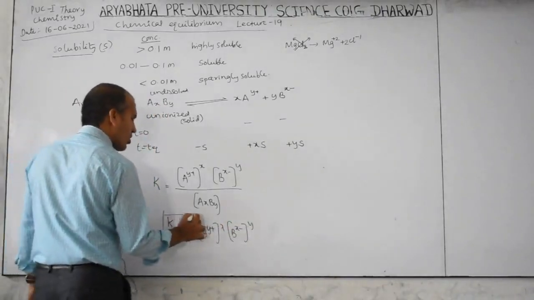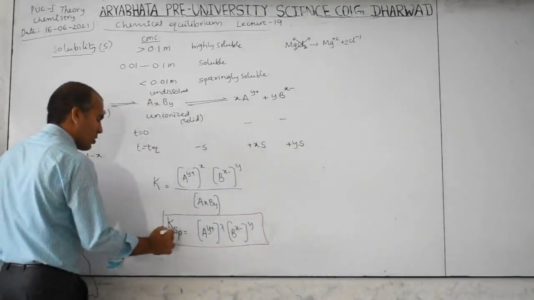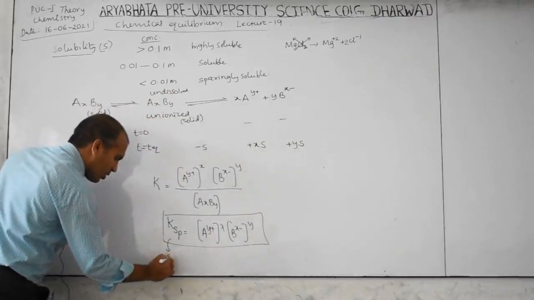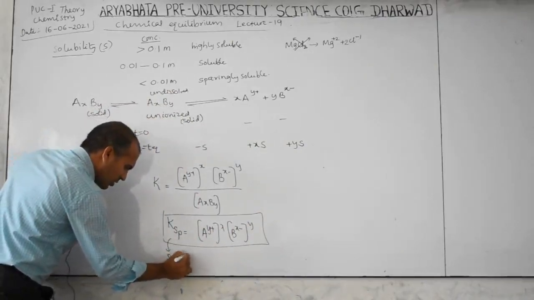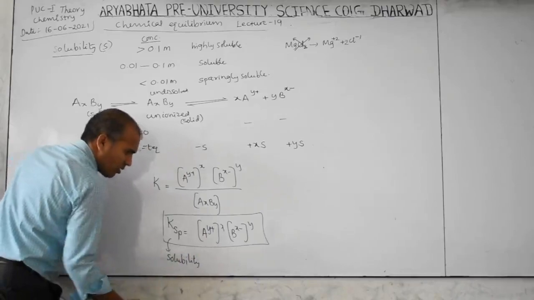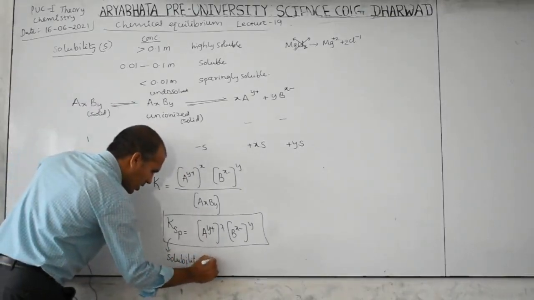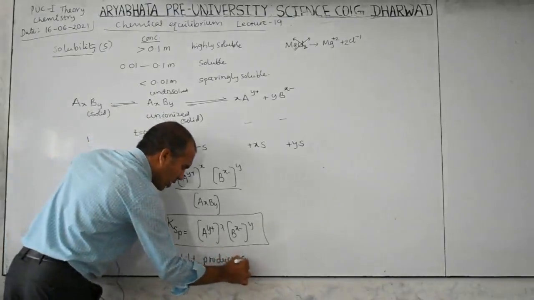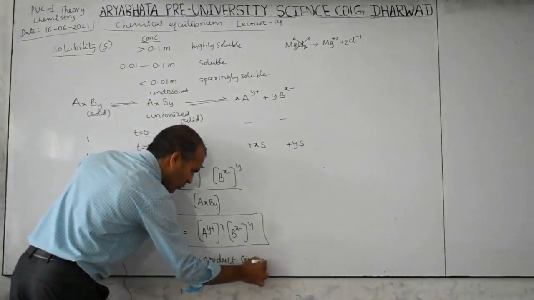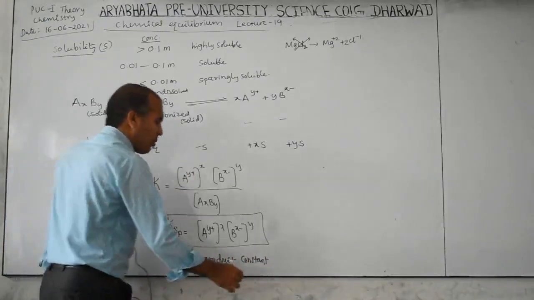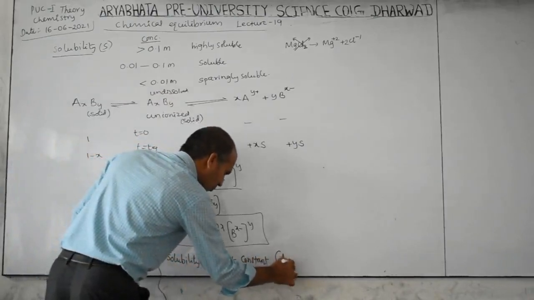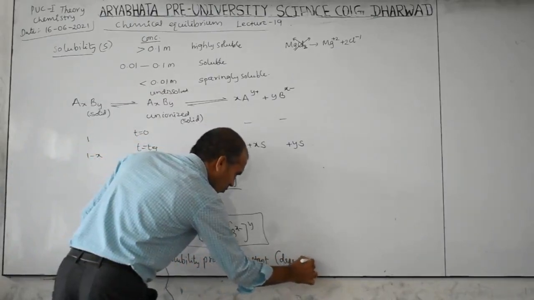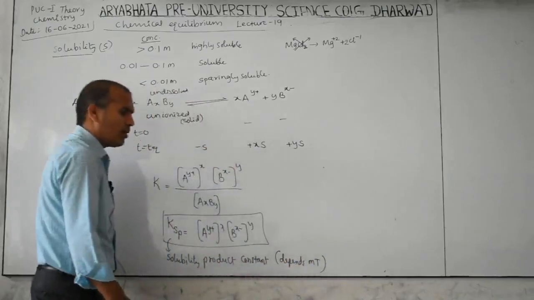This is the solubility product constant. What do you call this? Solubility product. Generally we are writing solubility product. If you want to write solubility product constant also, write, no problem. This also depends on temperature.